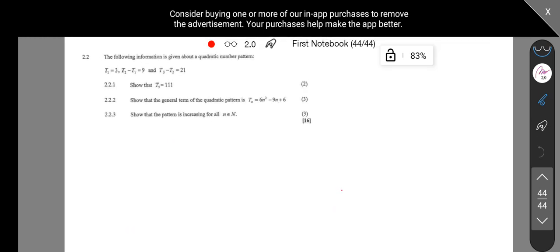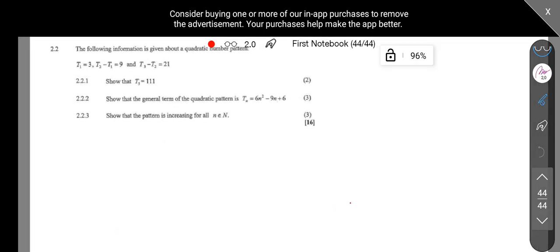So, they said that term number 1 is equal to 3. Term number 2 minus term number 1 is equal to 9. Term number 3 minus term number 2 is equal to 21. Okay, 2.2.1. Show that term number 5 is equal to 111.